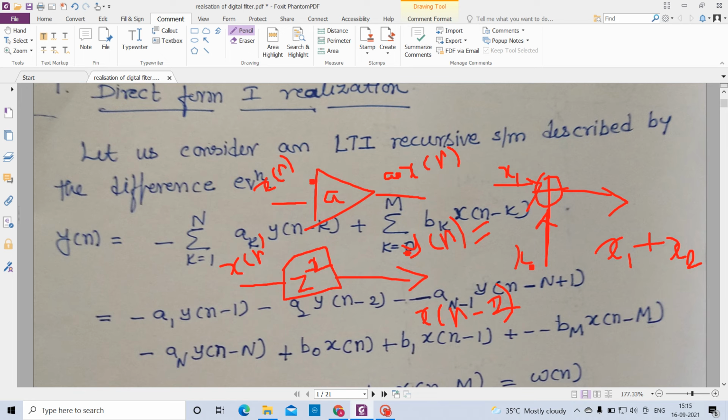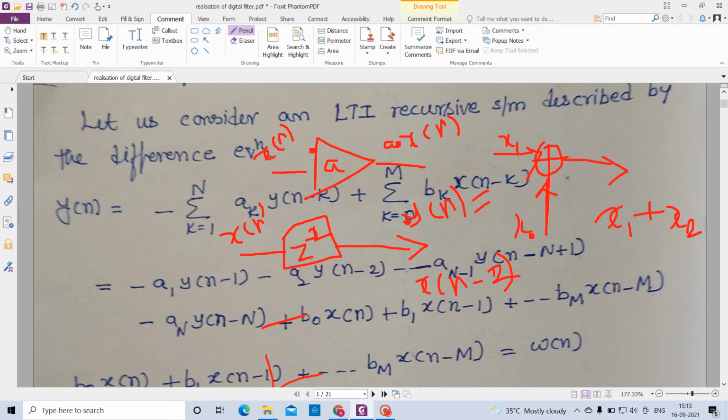Similarly, we can also represent an advance element. Instead of Z inverse, we just use Z. With Z, input x of n, the output is x of n plus 1.